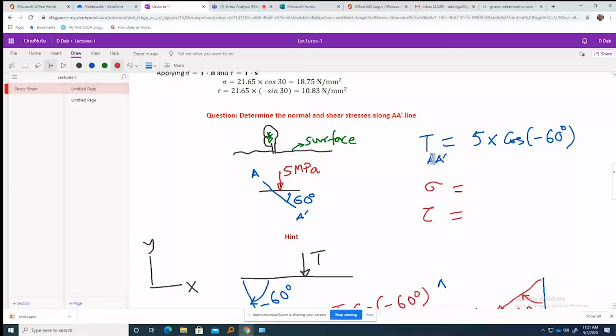Now I can show you the hint if you are not able to solve. Similar way you will do.